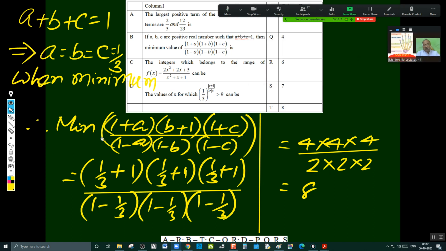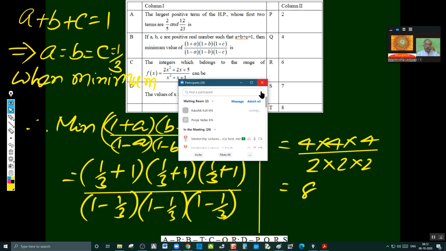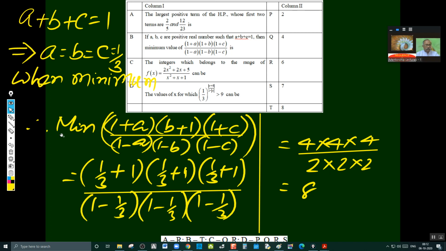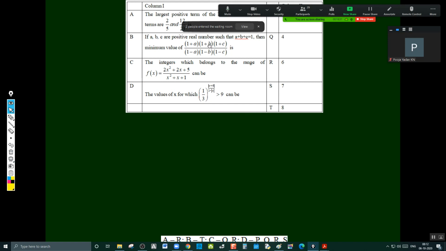Now, let us check the method. See, here (1 plus A)(1 plus B)(1 plus C) divided by (1 minus A)(1 minus B)(1 minus C).